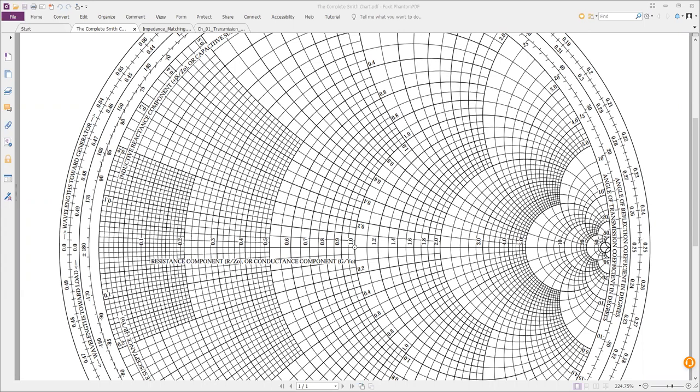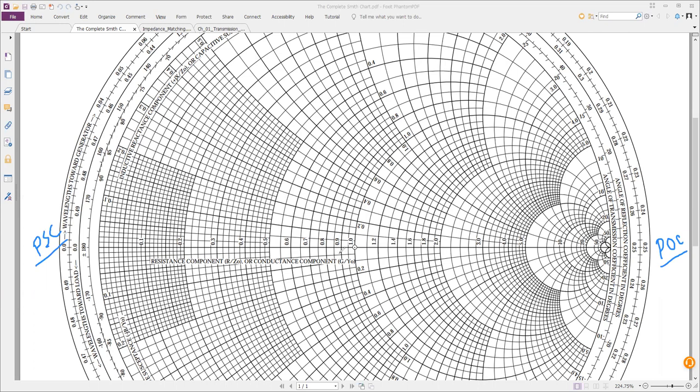This point is known as the point of open circuit. The leftmost side is known as the PSC, that means point of short circuit, and the rightmost point of the axis is known as the POC, point of open circuit. Two points we have to consider here.